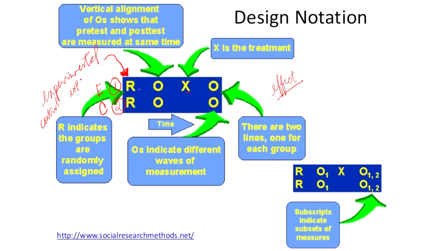So, tingnan natin. First, you assign them to their groups and then mineasure natin sila. Note, meron bang subscript yung ating measurements? Yes or no? Wala. Ibig sabihin, we are using the same exam.